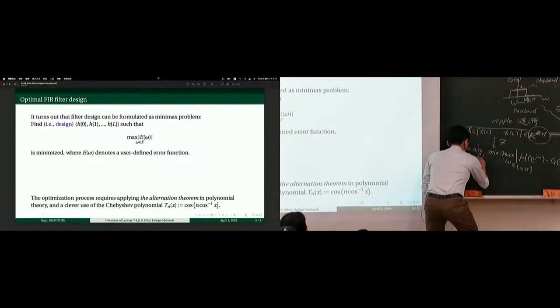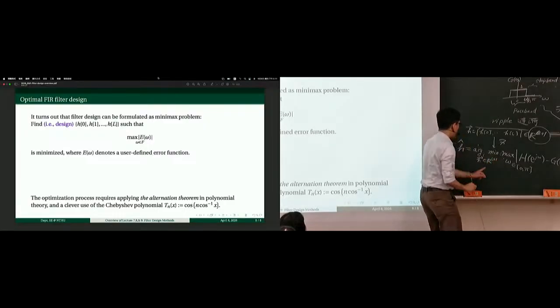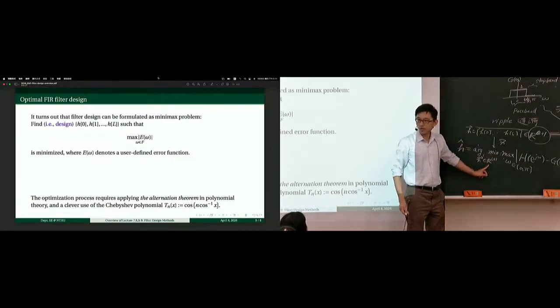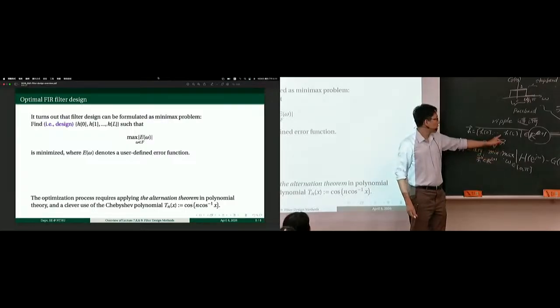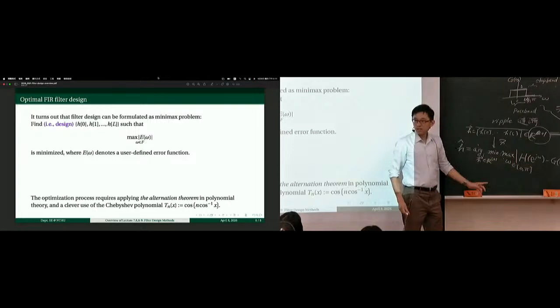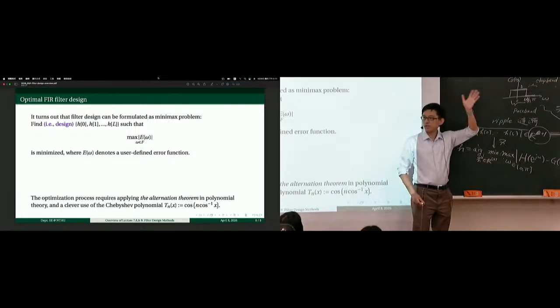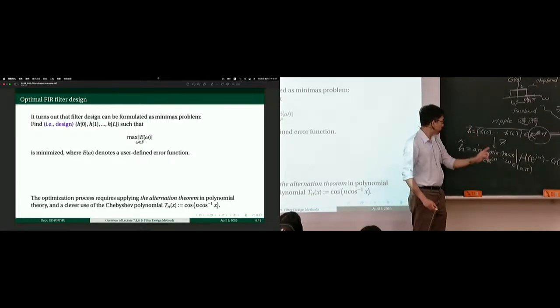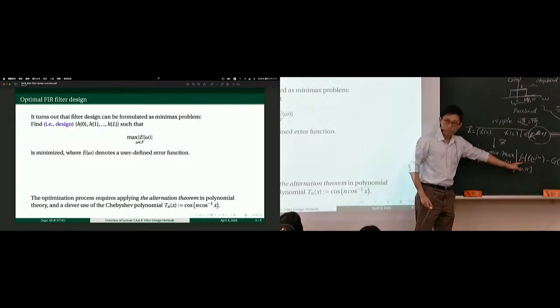The argument within all possible filter systems of this many samples, okay? It's in a vector space. And in this high dimensional space, find the one impulse response which minimizes the maximum error, right?